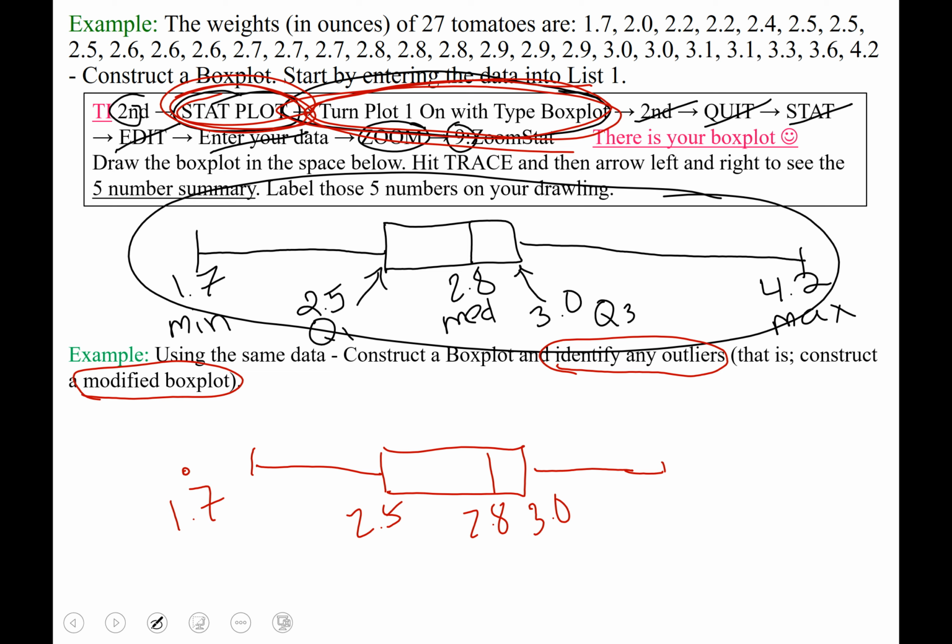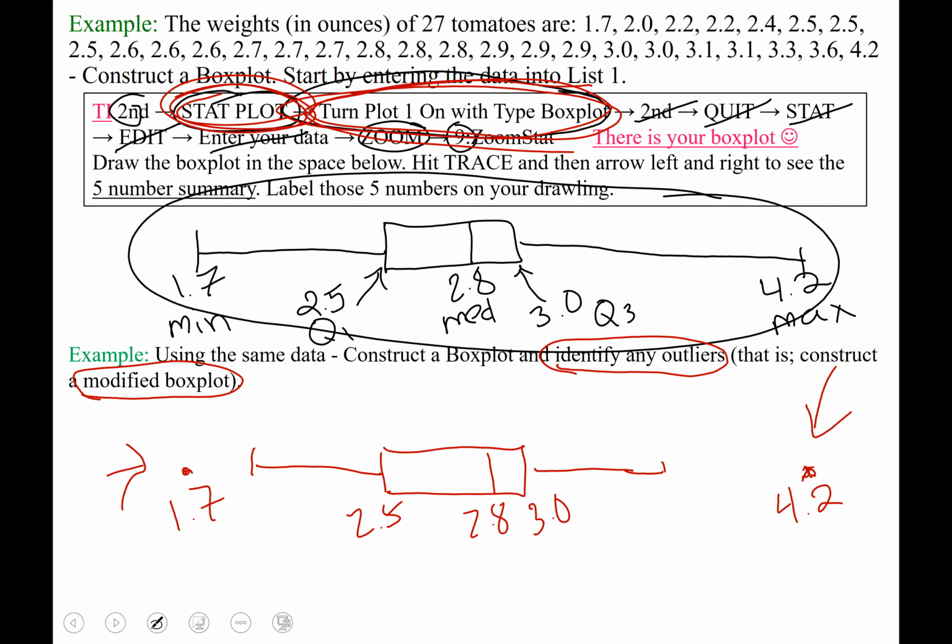It turns out that our 4.2, that tomato, was an outlier. So we had 2 outliers in this set of data. We had one tomato that weighed very little and one tomato that weighed a lot, which is why we have 1 dot on this side and 1 dot on this side here. And that is our modified box plot.